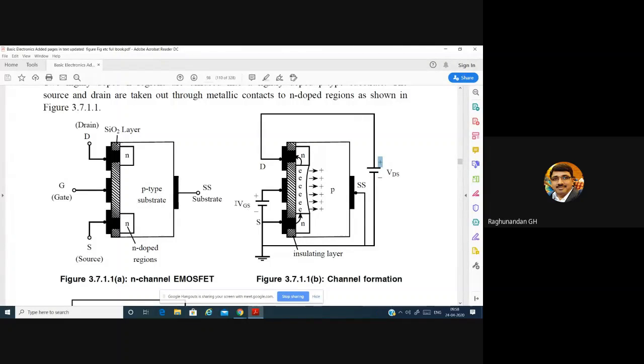When you keep on increasing the gate to source voltage, all the electrons just get added up to the channel. And when you increase the drain voltage, more and more electrons start flowing towards the drain. This is how the n-channel E MOSFET is going to work.